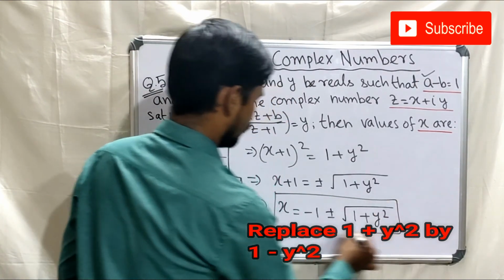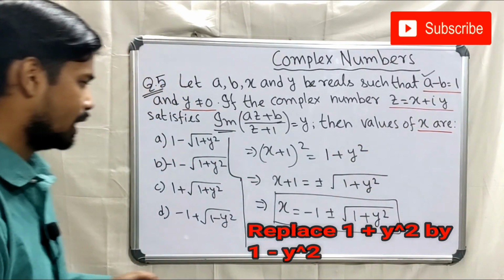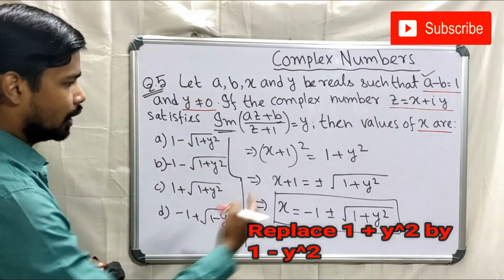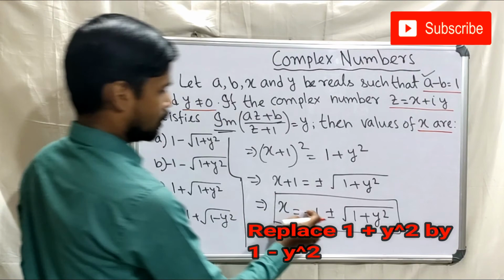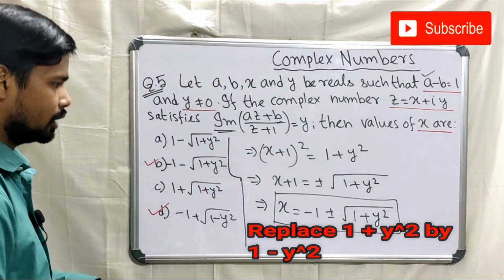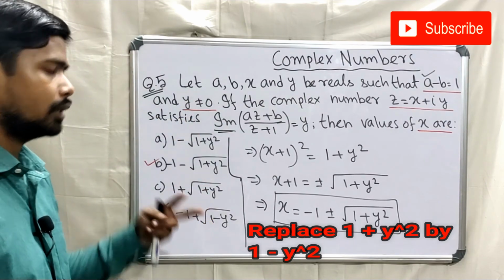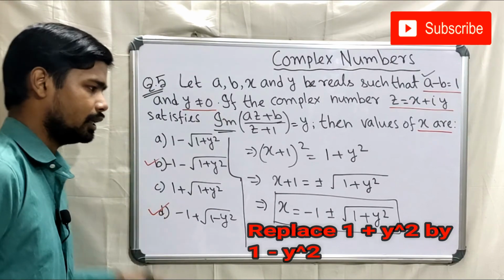So we have two values for x: minus 1 plus root over 1 plus y square, that is option D, as well as minus 1 minus root over 1 plus y square, that is option B. So for this problem there are two correct options, and they are B and D.